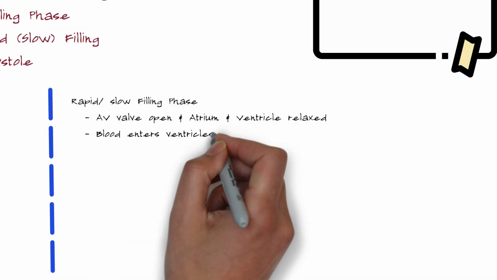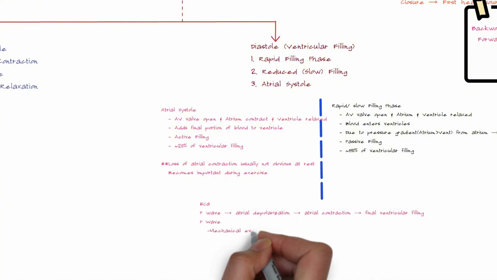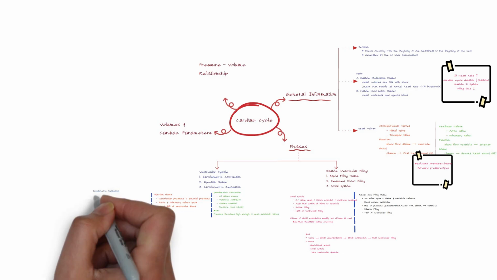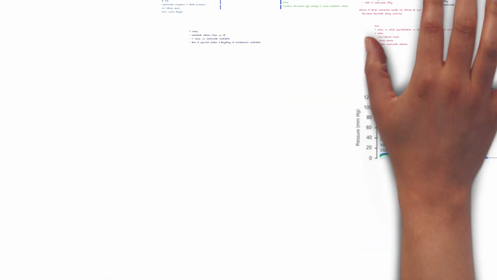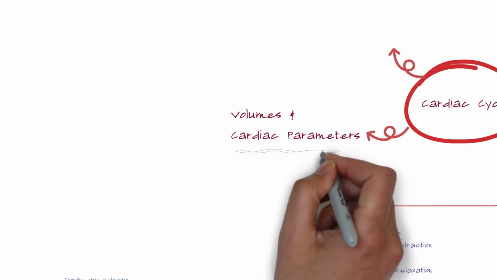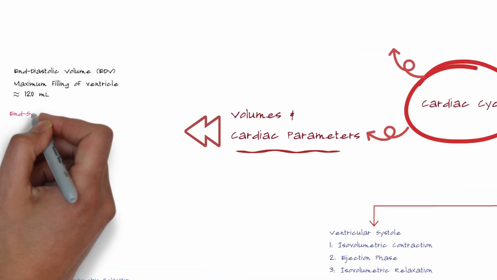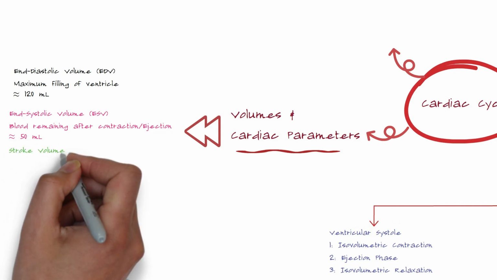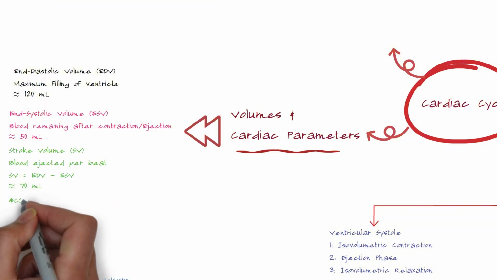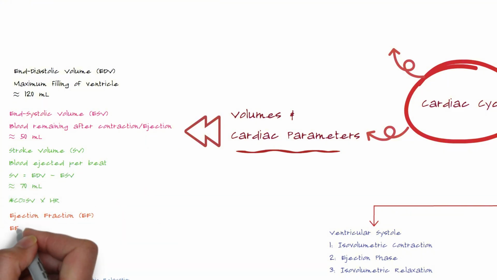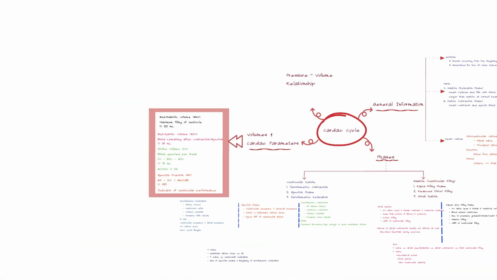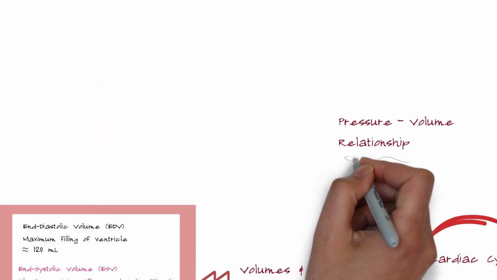Then we discussed the 6 phases: in the diastole we have 3 phases, rapid filling, slow filling, and the atrial systole, and in the ventricular systole we have isovolumetric contraction, ejection, and isovolumetric relaxation. Here we talked about the pressure, the volume of the ventricle, the valves, whether AV valves or semilunar valves, the ECG, and the sound.